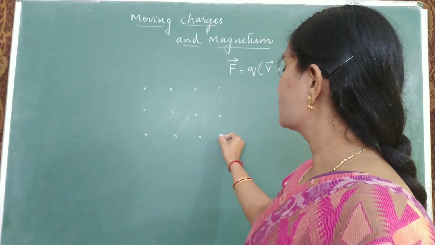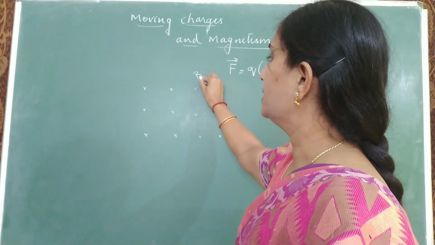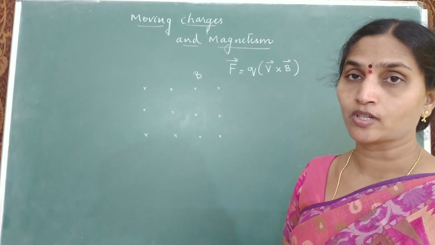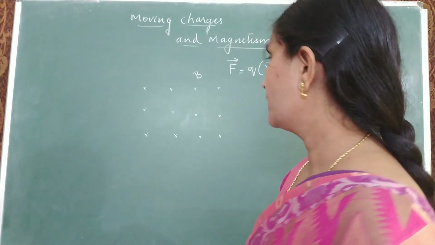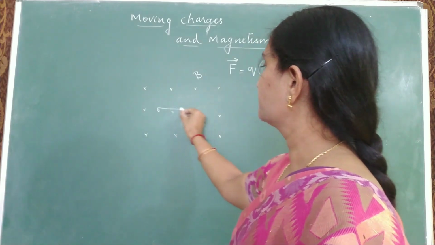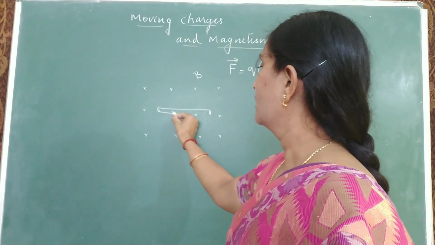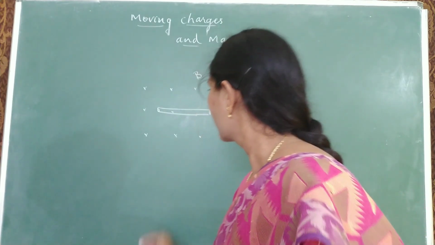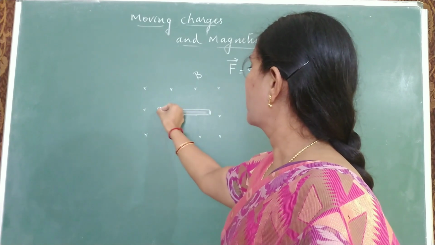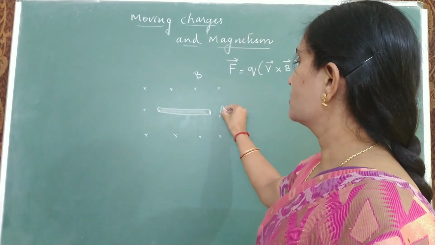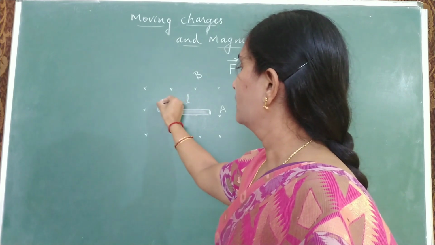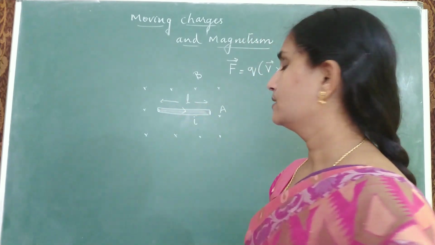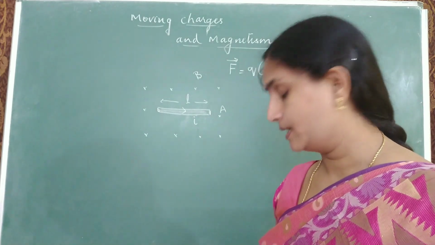The magnitude of this field, I'll take as capital B. Now, in this, I will keep a current carrying conductor with area of cross section capital A, length equal to L, and let the current passing through this be represented as I.